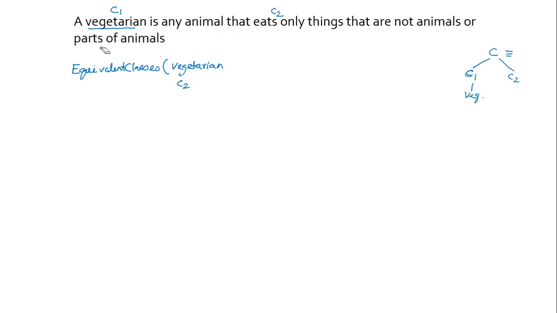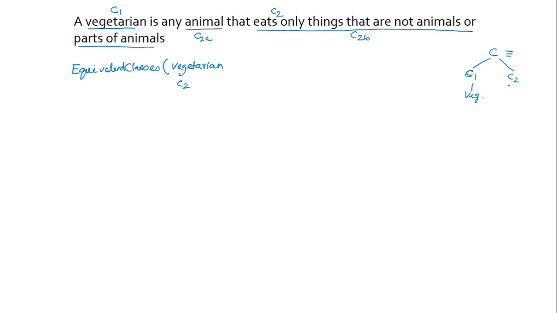One is animal, so this will be our C2A, and the other thing, that eats only things that are not animal or parts of animal, will be our C2B.